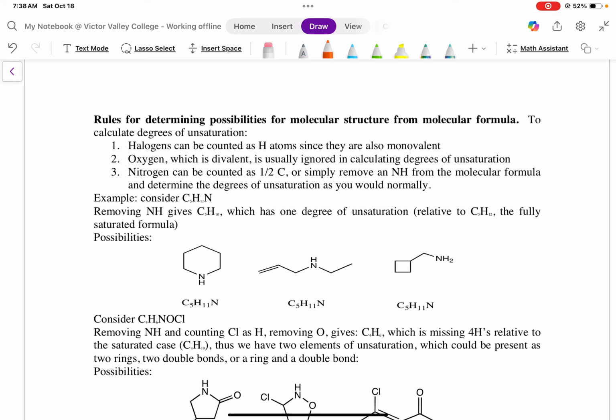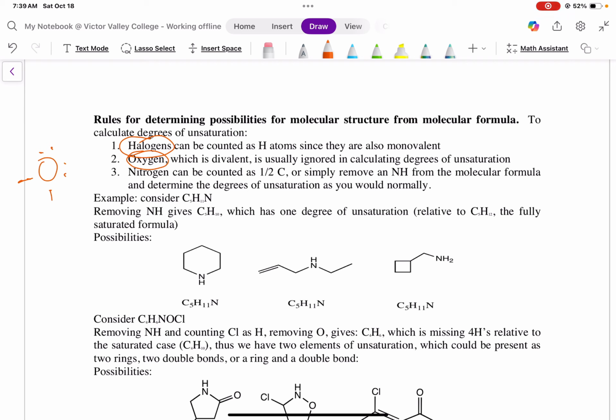Now, what if a molecule has more than just carbon and hydrogen? Halogens, we can count as hydrogens, because they have one bond. Oxygen has 6 valence electrons, with 2 single electrons, meaning it can make 2 bonds. So if you stick an oxygen somewhere in a molecule, it does not change the degree of unsaturation, so you can ignore it.